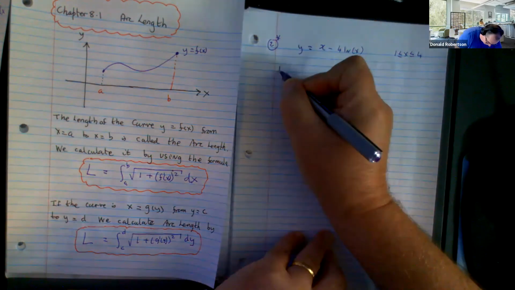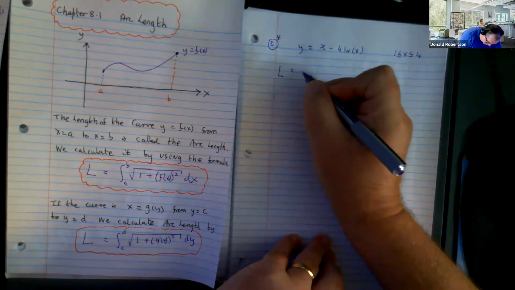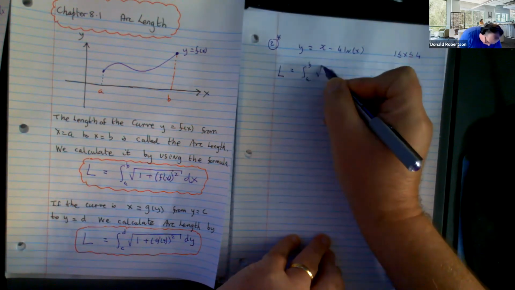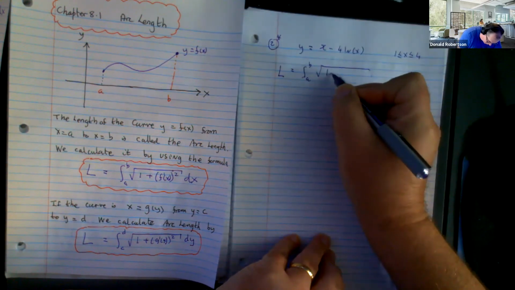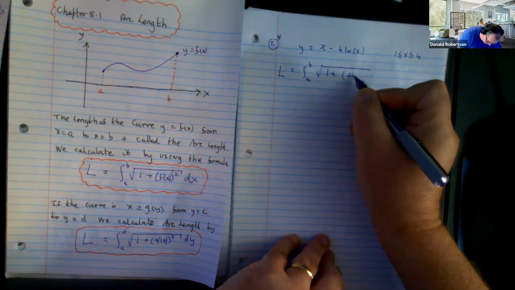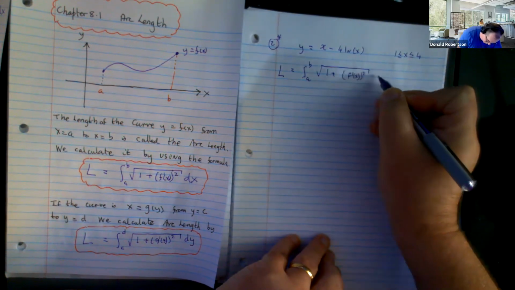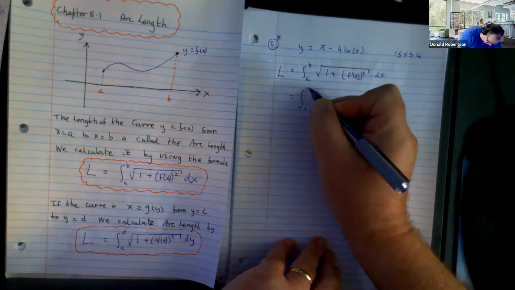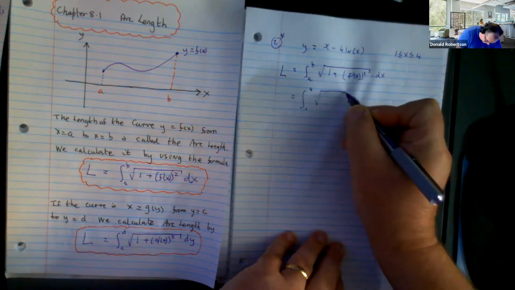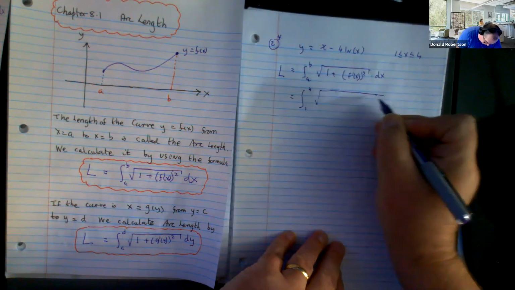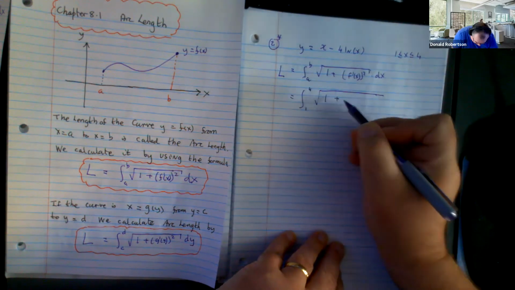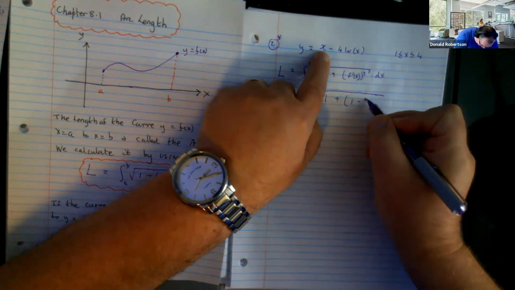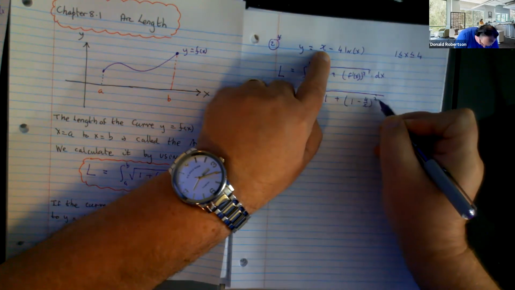We use the letter L for arc length, so it's going to be the integral from a to b, the square root of 1 plus the derivative squared dx. So in this case, it's going to be the integral from 1 to 4 of the square root of 1 plus, if you differentiate this, you get 1 minus 4 over x, squared, dx.